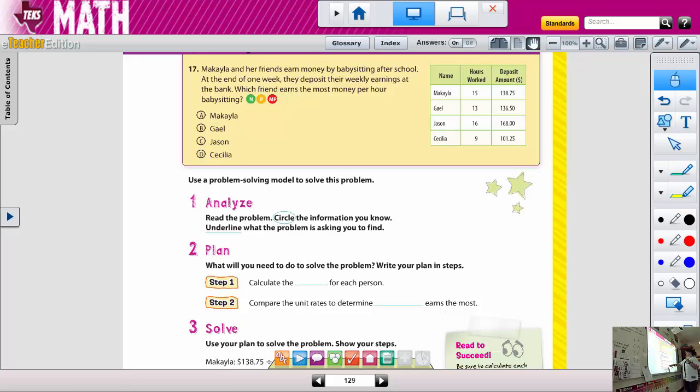Step 2, compare the unit rates to determine blank earns the most. Who earns the most?